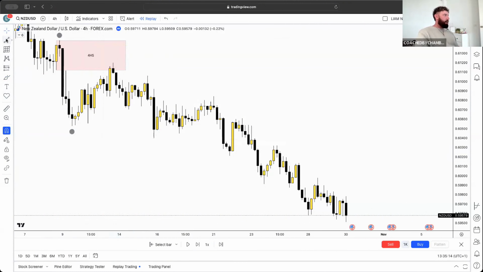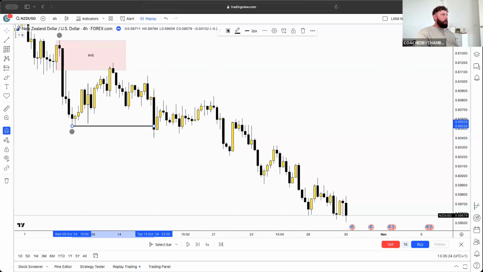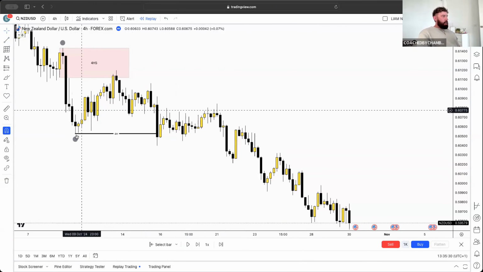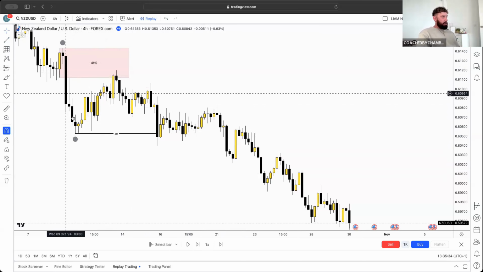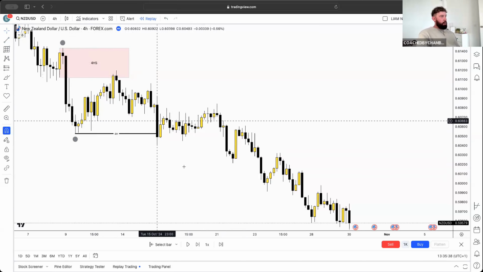You can see now we've had a break of structure from this low here. Now it's about identifying where the market comes back into on the next supply area. Again, lower high, lower low, we come back up into this 4-hour supply, this last buy candle that caused this movement down. We come back up, we mitigate this area, and then we move away.